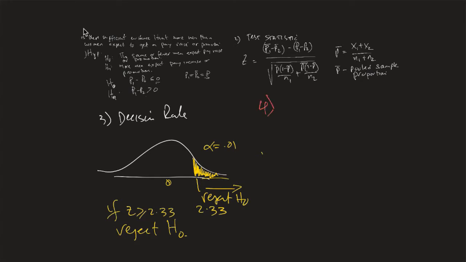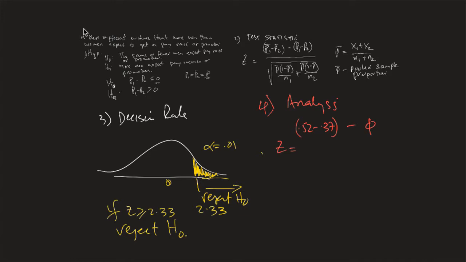So step 4, analysis. We have z equal to p bar 1 minus p bar 2, which is 0.52 minus 0.37, which we already knew was 0.15, minus 0. This comes from the null hypothesis, remember?